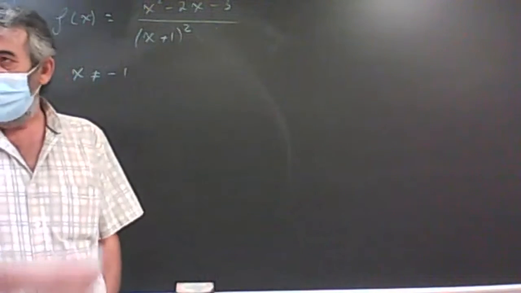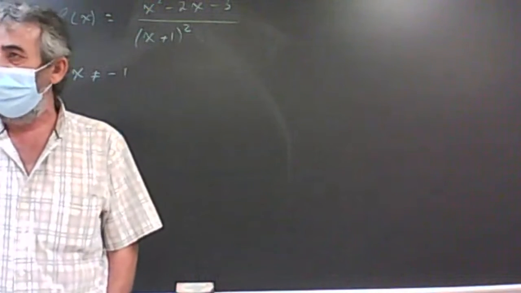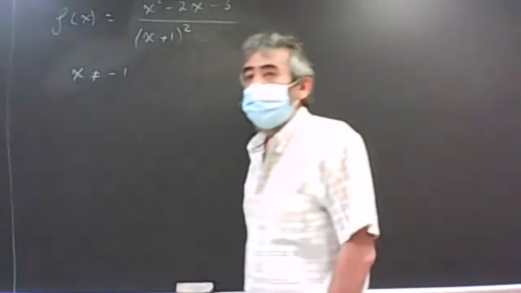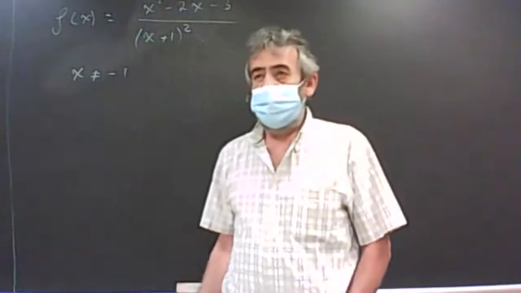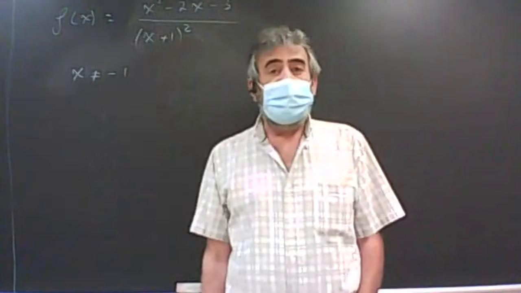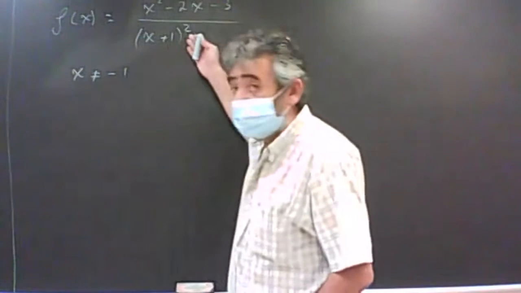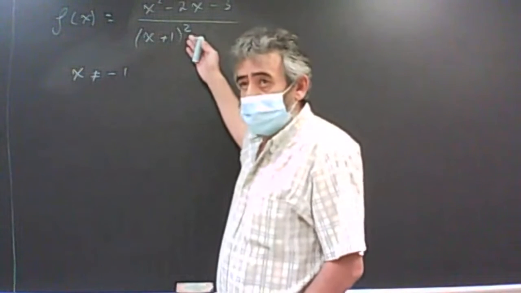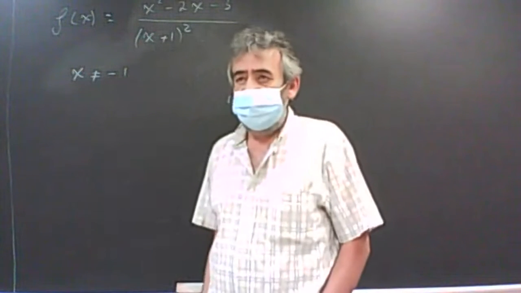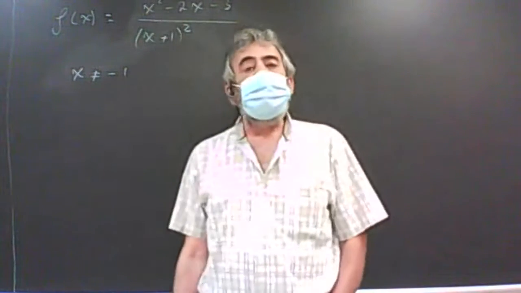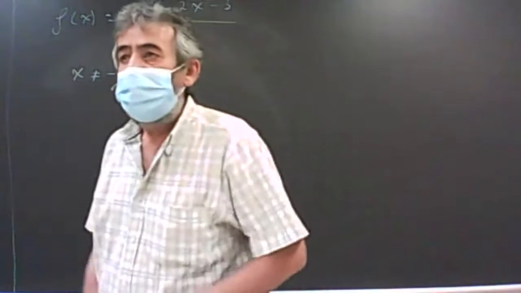Well, we tried the first one and it gave me a 0 on top, that means x plus 1 is a factor, correct? So the next step is, because the multiplicity is 2, more than 1, I have to check the other one. So what I need to do is factor the top, factor the bottom, and see what common factors I have.